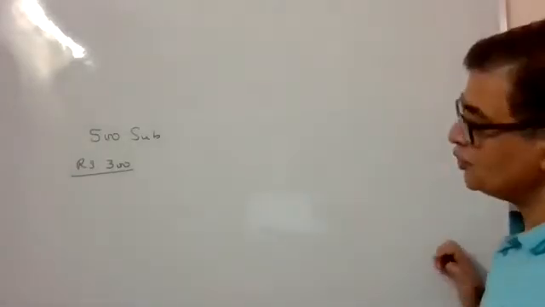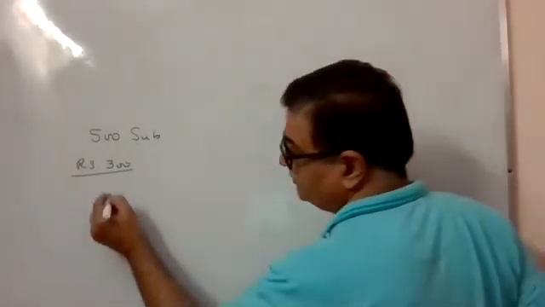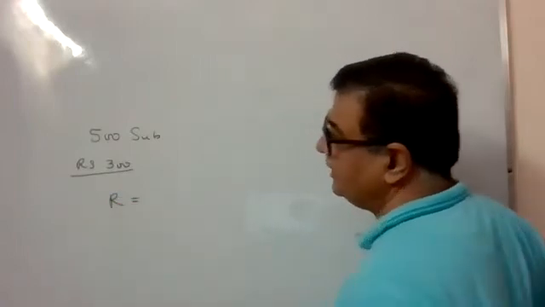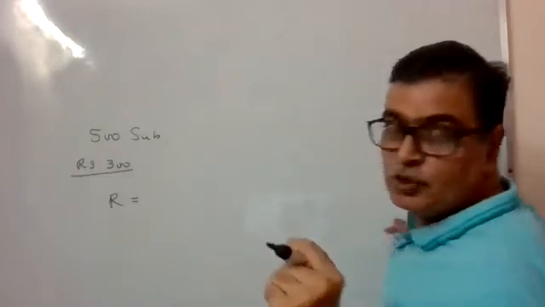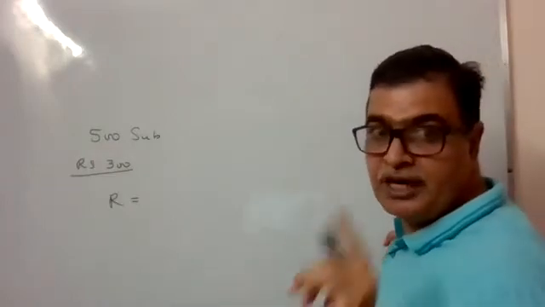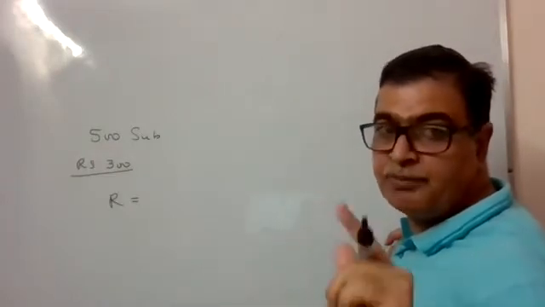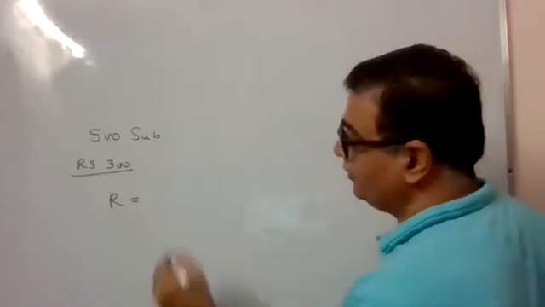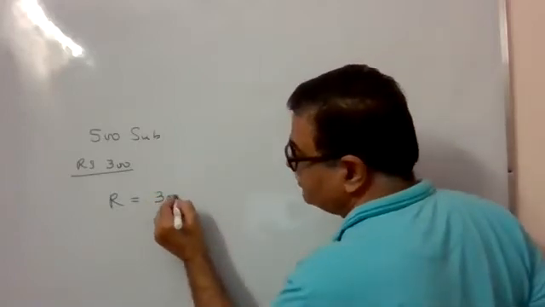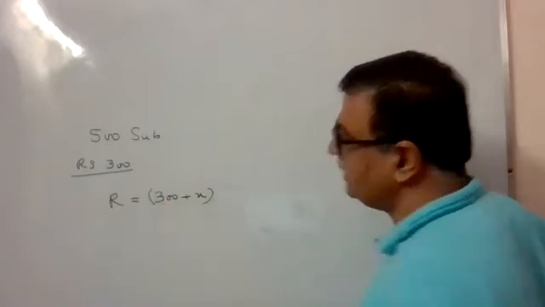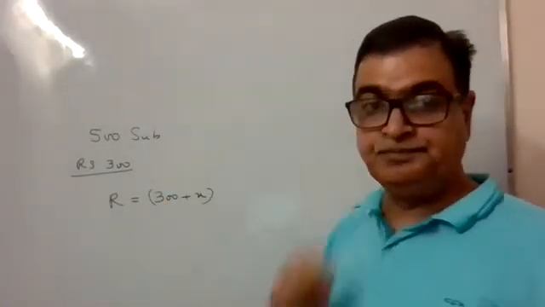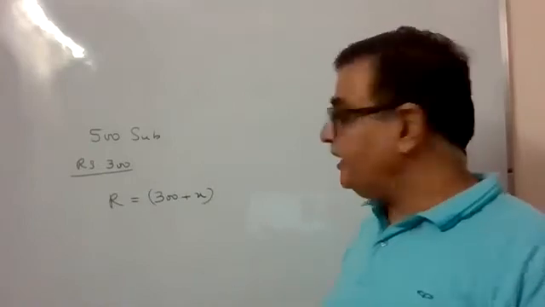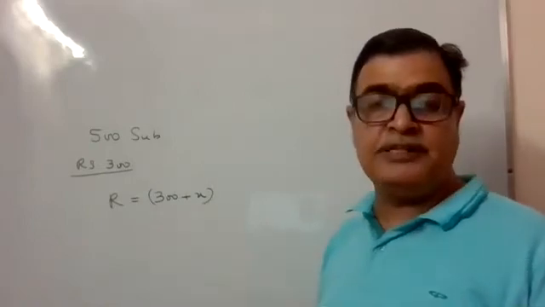In this case, we want revenue maximization, and let us increase the subscription by X rupees. Earlier we were taking 300, now the company takes 300 plus X from each subscriber.